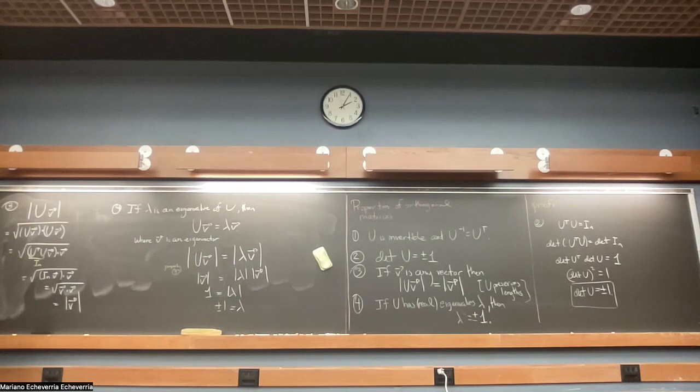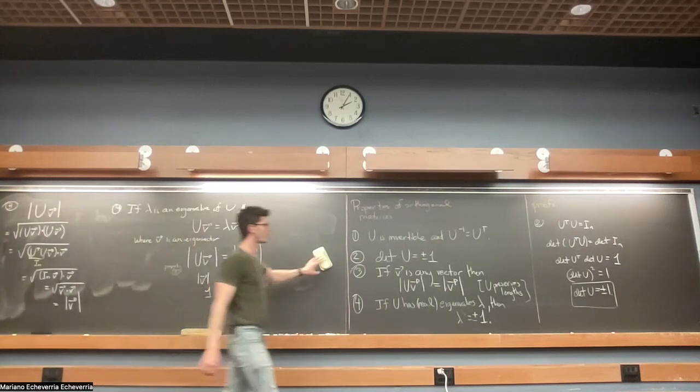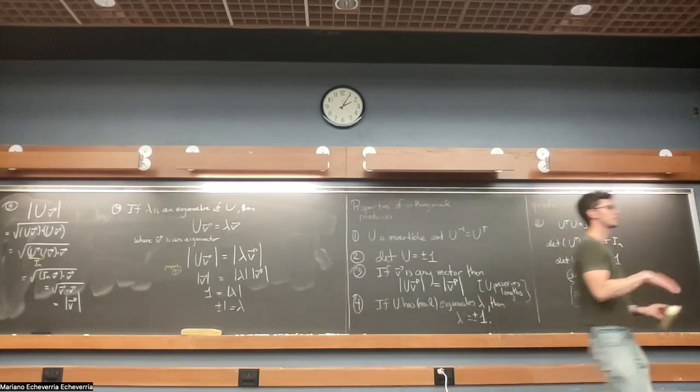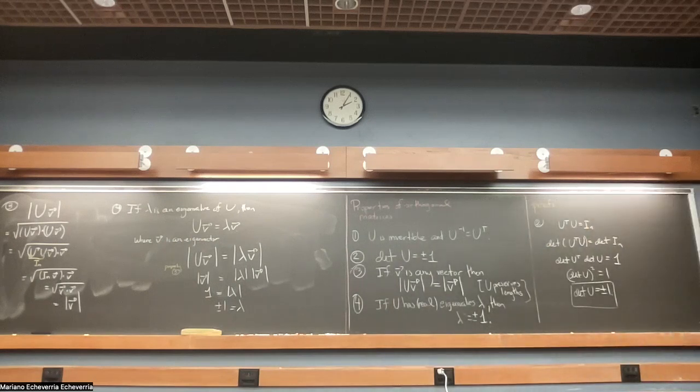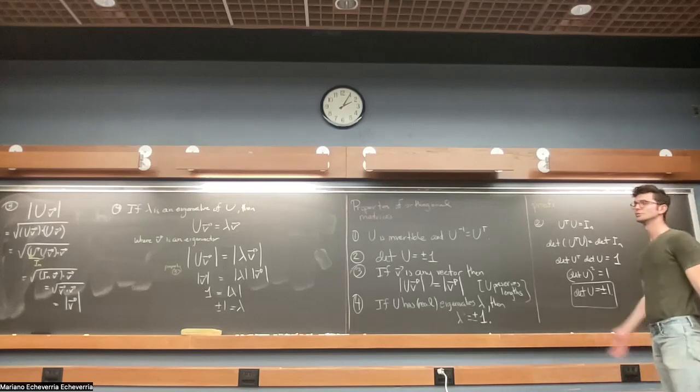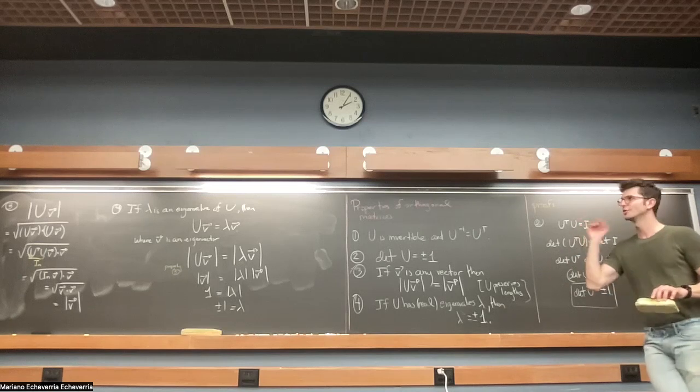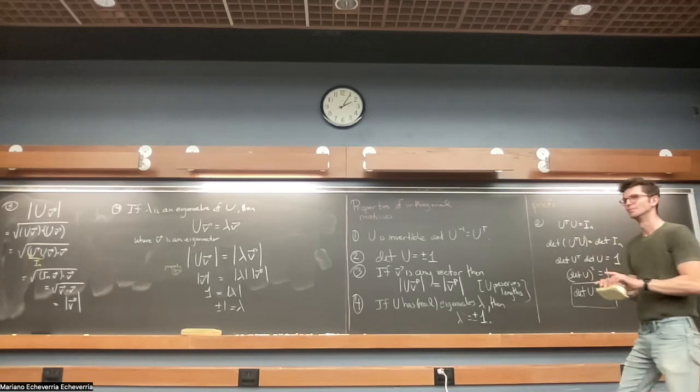Okay. So now that we have a couple properties, let's try to think a little bit more about these matrices. So to understand them better, it's useful to look at small cases. So let's try to understand all the orthogonal matrices of size 2 by 2.